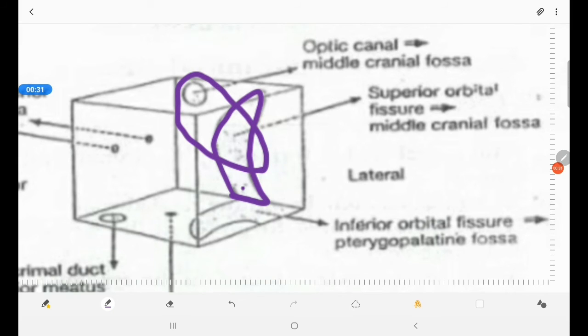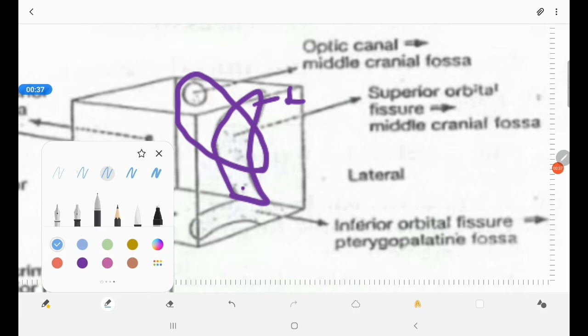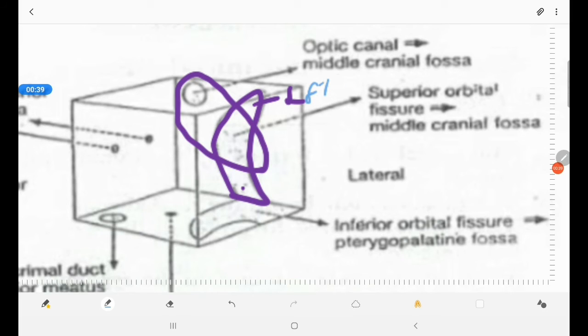It is divided into 3 parts. This will have L, F and T. This will have the inferior ophthalmic vein. Along with LFT there is the superior ophthalmic vein as well.